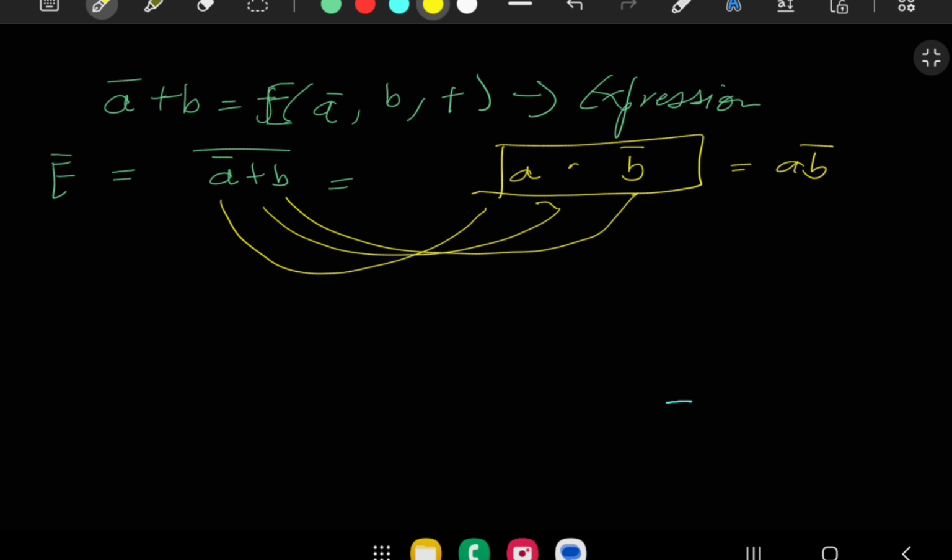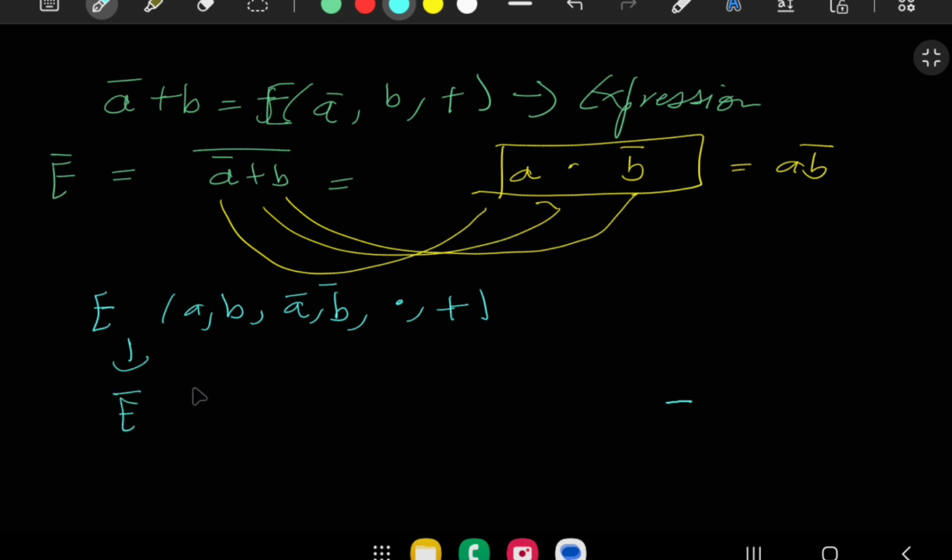So if your expression contains variables a comma b, a bar, b bar, and or, if you have these things, no other things, then how to find the complement?